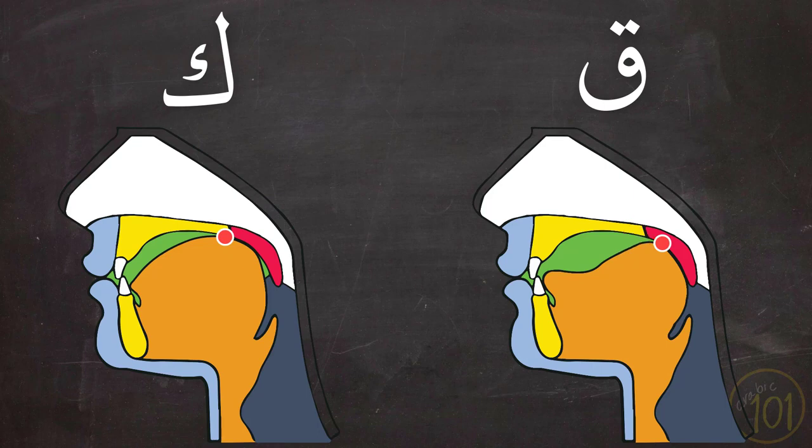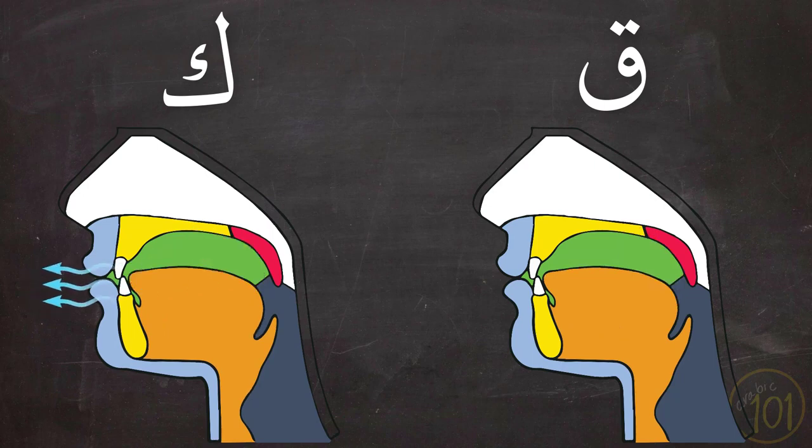But for the kaf, the sound is produced when the deepest part of the tongue is touching the area between the soft palate and the hard palate. So it is a little bit behind the pronunciation point of qaf, closer to the opening of the mouth. Qa, qa, ke, ke, aqqa, ak.